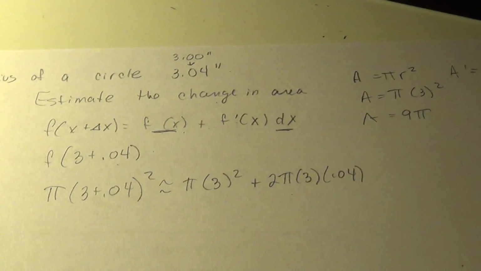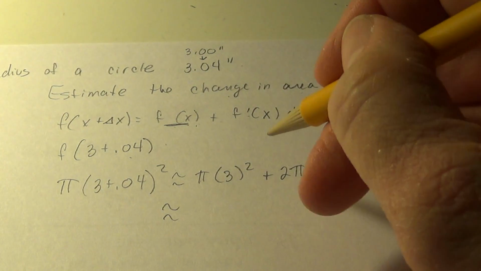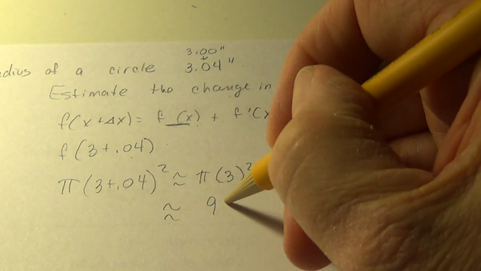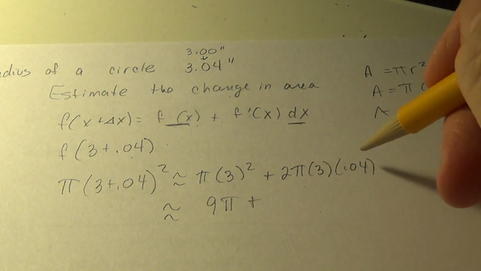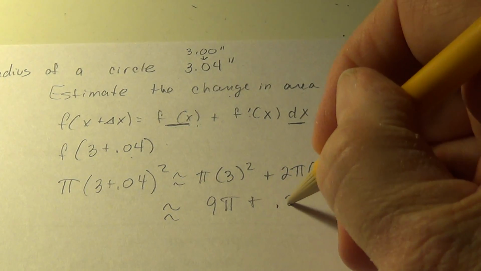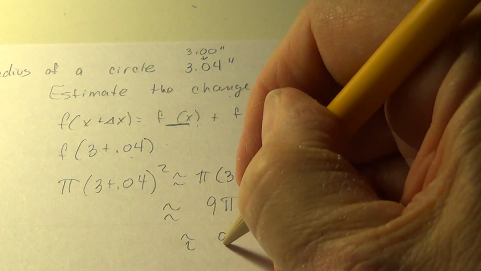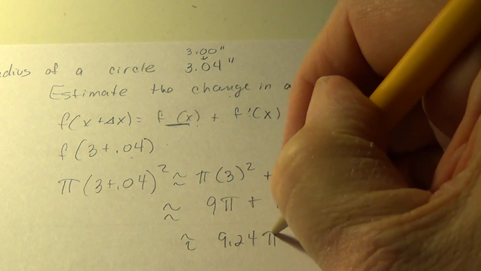All right, this should be a pretty good approximation. So let's see what we come up with. 9 pi plus 3 times 0.04 times 2 is 0.24 pi. So I end up with 9.24 pi.